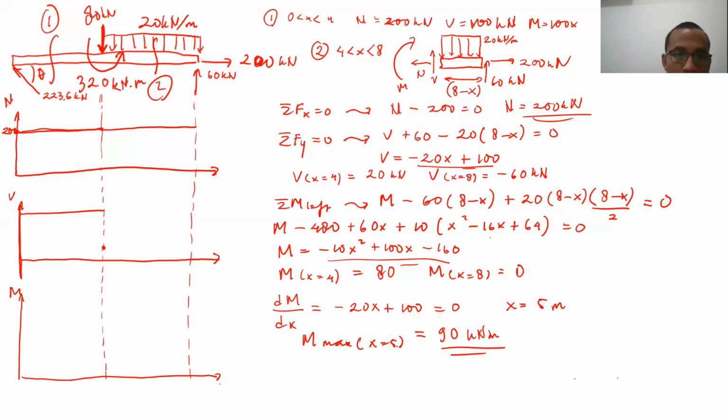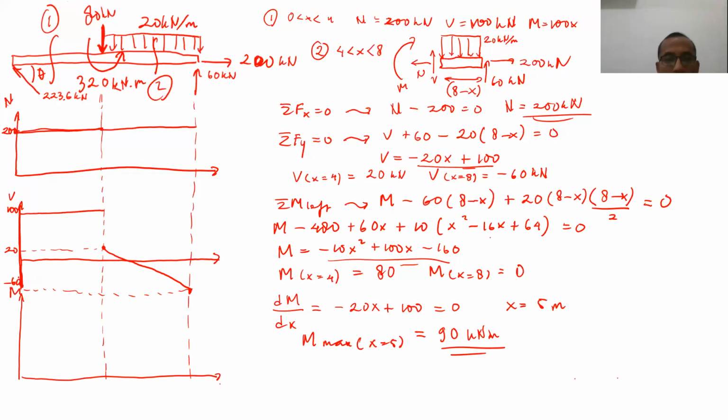Yes, just not 20, 60 around here when x equal to 8. So yep, linear like this. This is 100 here, and here at this point is 20, then at this point is minus 60.